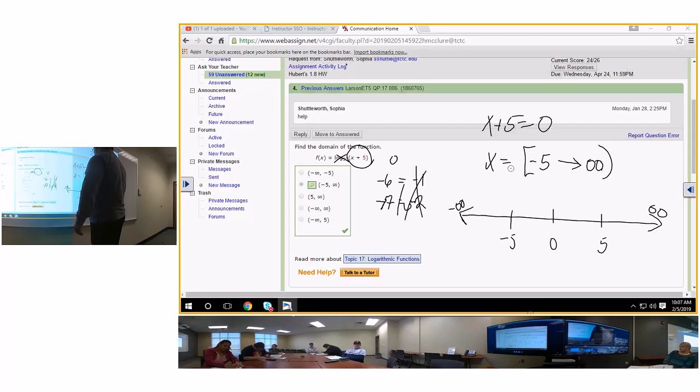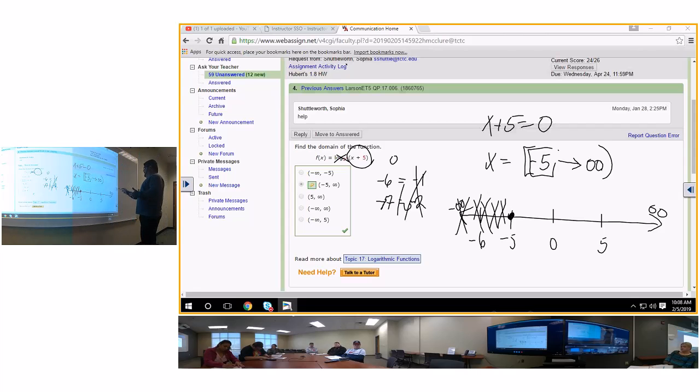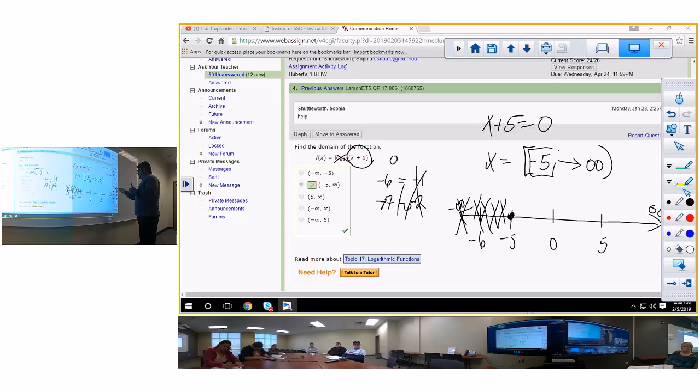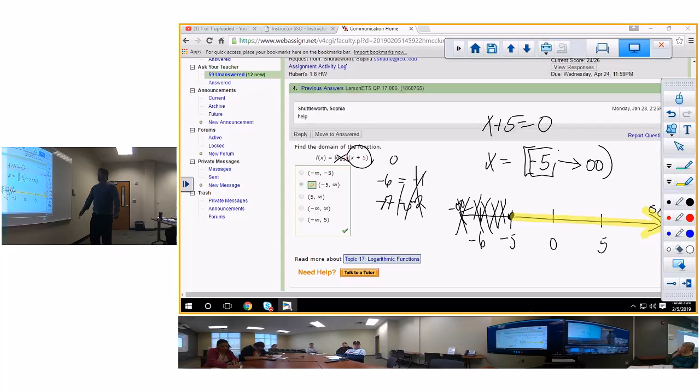I got 5 right here, negative 5. So you can use negative 5. But what if you use negative 6? We just said negative 6 we can't use, because it'll give us a negative number. But we can use negative 5. That'll give us a 0. So everything above negative 5 is our domain.